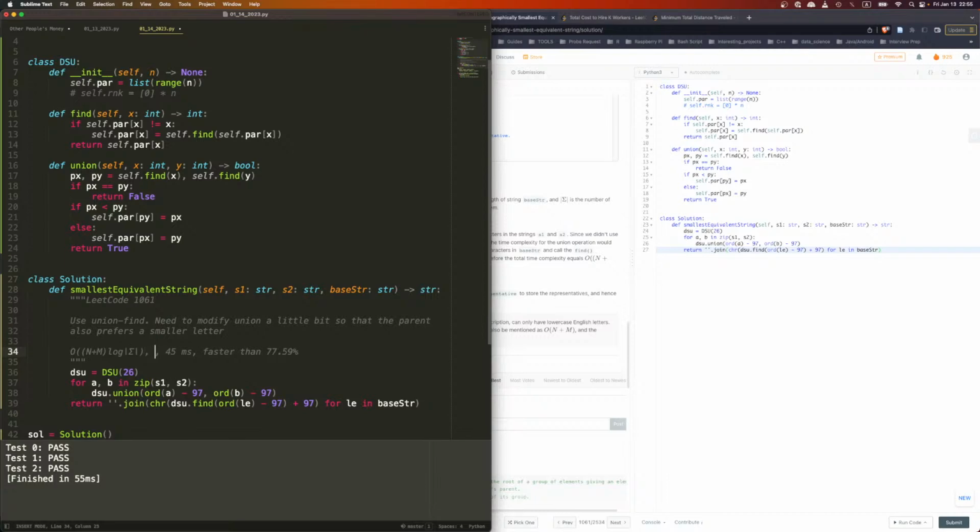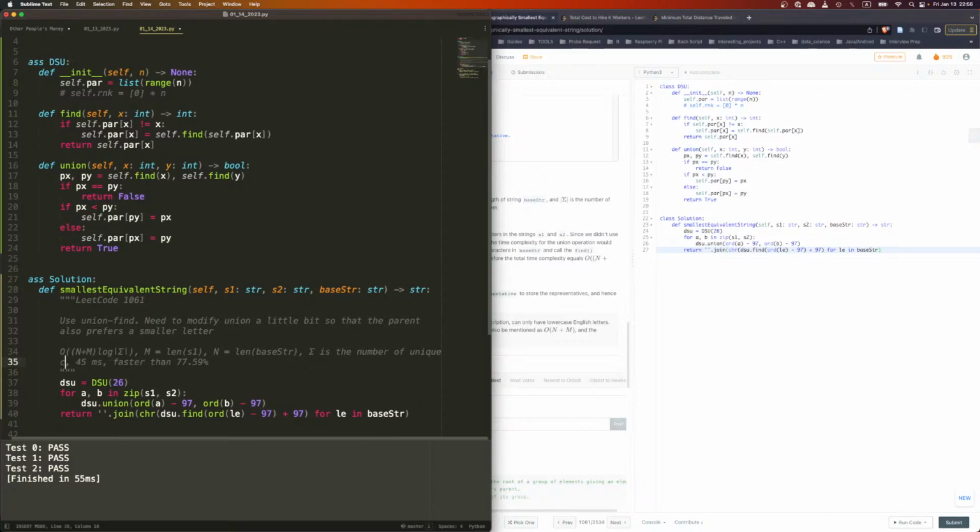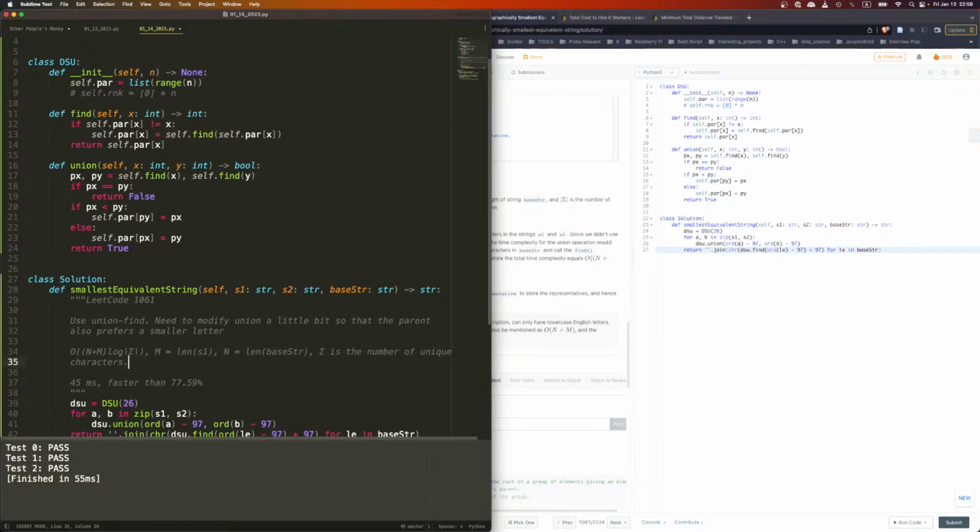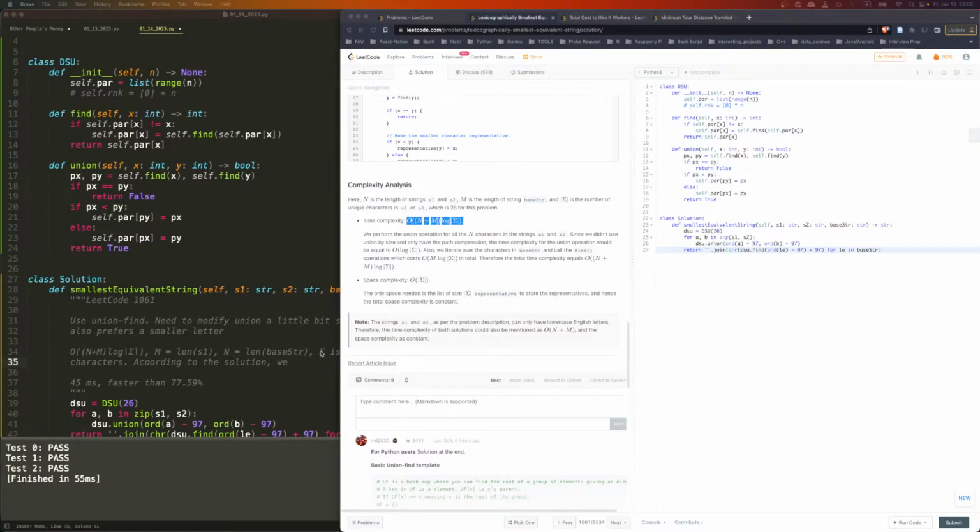So M is len s1, N is len base, sigma is the number of unique characters, according to the solution. But why?